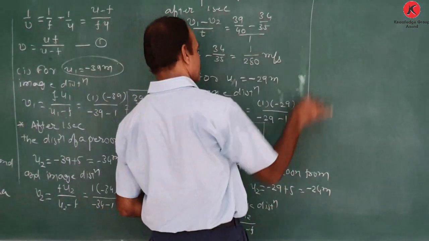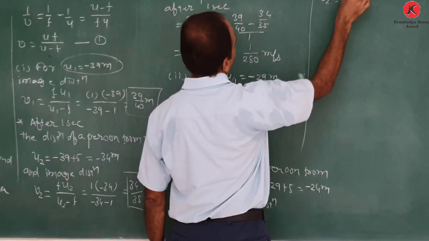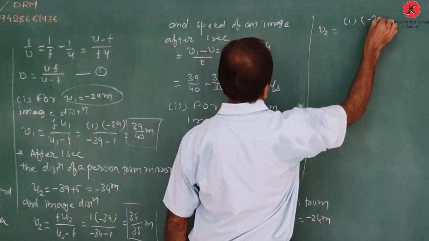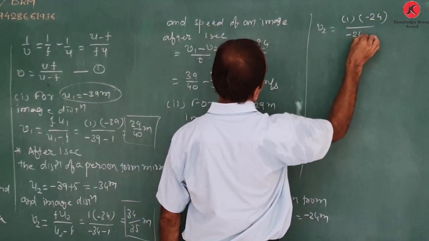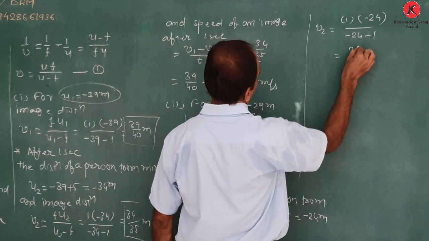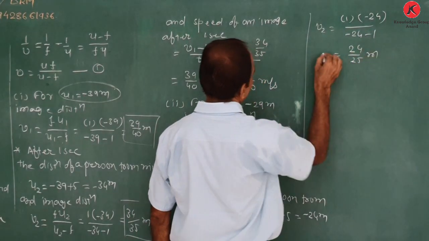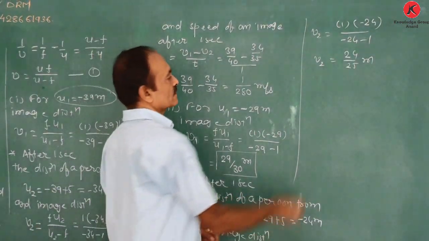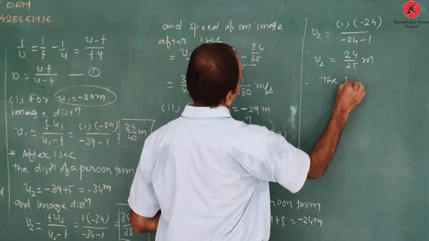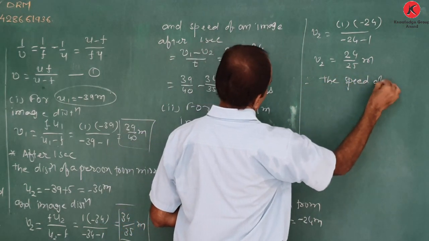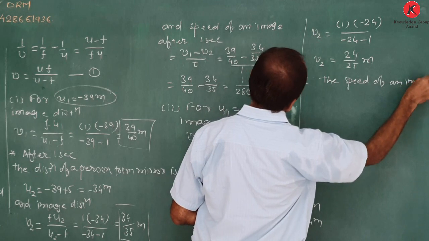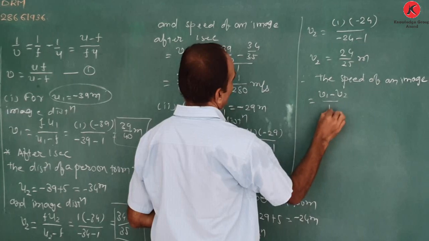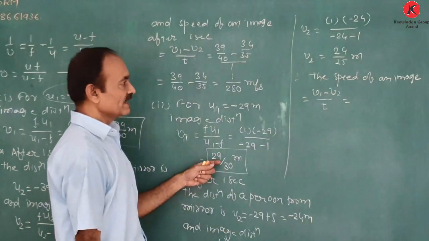Therefore v2 is, with f equal to 1 and u2 equal to minus 24, upon minus 24 minus 1, therefore 24 by 25 meter. That is the position of the image after 1 second. Therefore, the speed of the image is equal to v1 minus v2 upon the time, where v1 is 29 by 30.